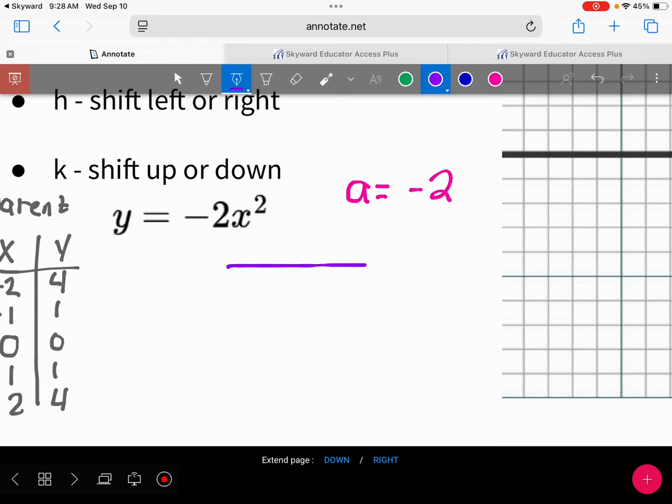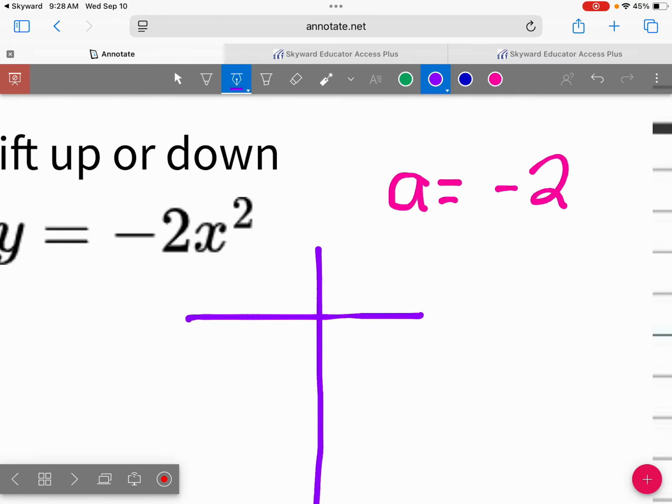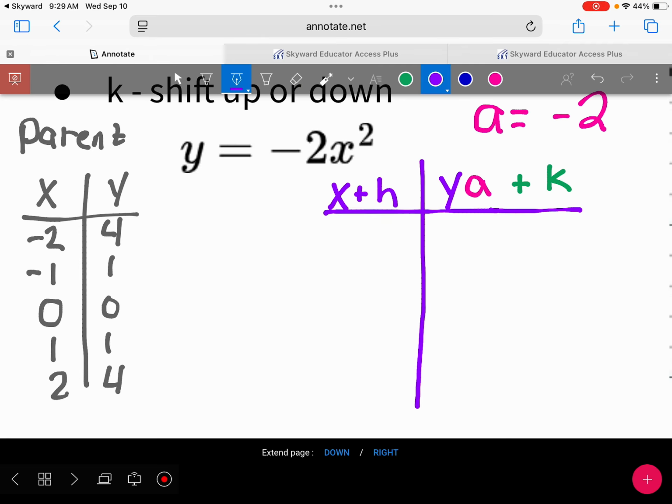When we do our transformation form, we'll do our x plus h, and then we always remember how much graphing makes us yak, y plus k, that guy. We don't have any h's here, so our x's are going to be the exact same. We don't have a k here either, so all we got to do is take our y values and multiply it by the a.